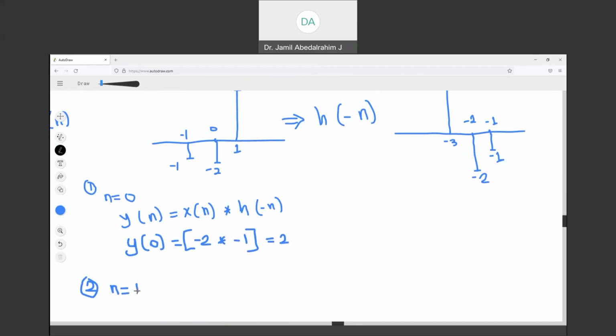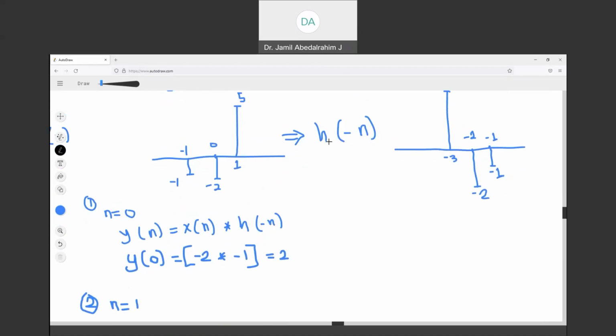Okay, what does it mean n equal 1? It means the h of negative n will be shifted to the right side by 1, to the positive part. So h of negative n becomes h of negative n minus 1.